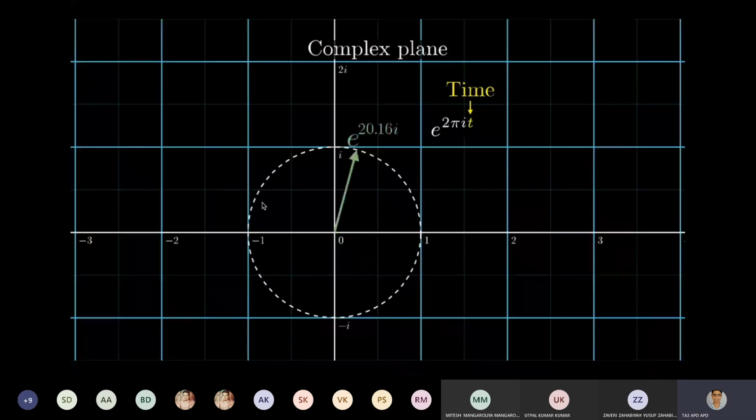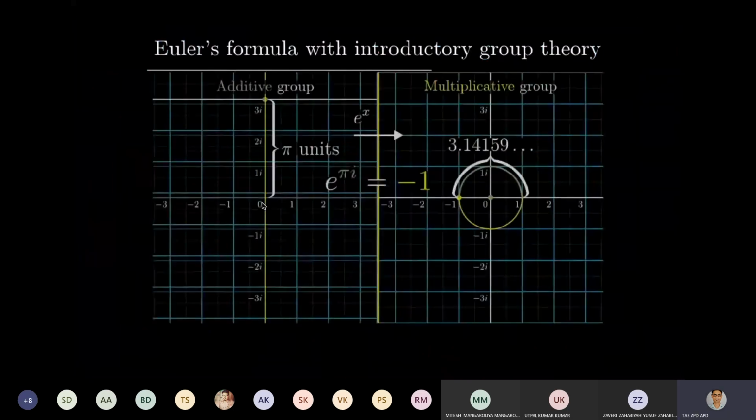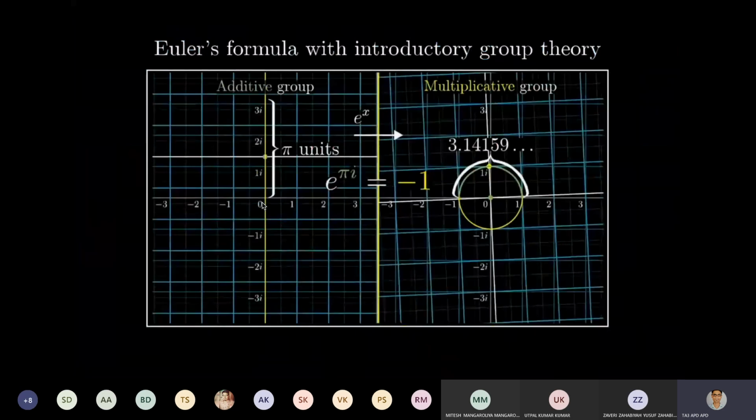This is a little bit dizzying to look at, so maybe you want to describe a different, lower frequency. For that, you would just multiply that time t in the exponent by the frequency, f. For example, if f was 1/10, then this vector makes 1 full turn every 10 seconds, since the time t has to increase all the way to 10 before the full exponent is 2 pi i. I have another video giving some intuition on why this is the behavior of the exponential.